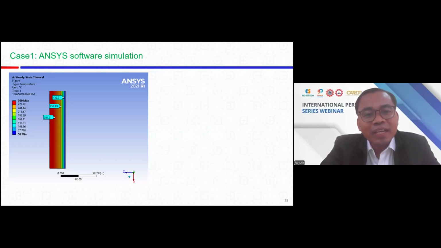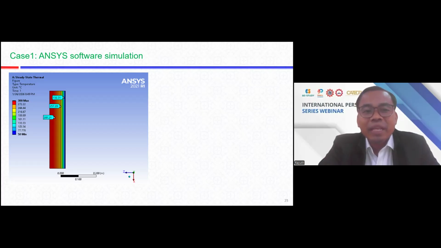If you want to check the temperature of each layer to compare with the calculation in the previous slide, I use the probe in the software, and you can see the hot temperature is 281.21 degrees Celsius, and the second layer is 29 degrees Celsius, and near the surface is 132.31 degrees Celsius.